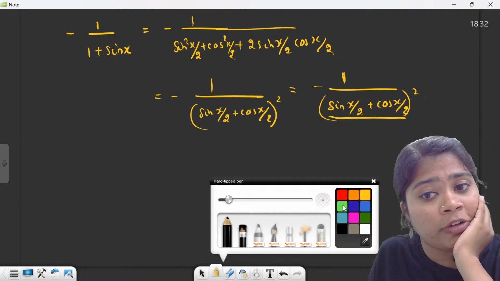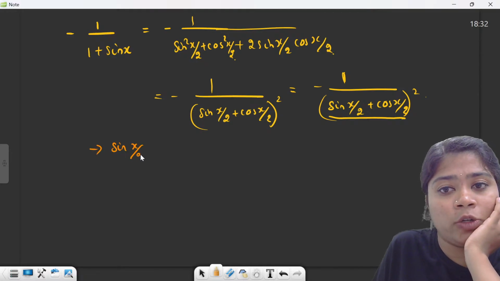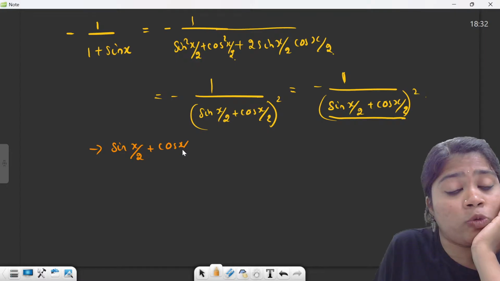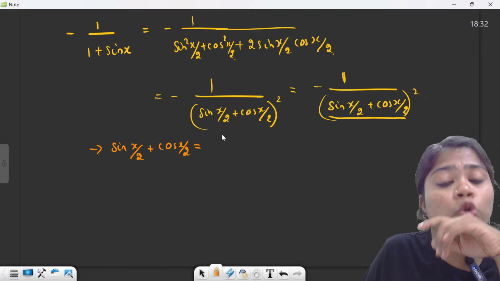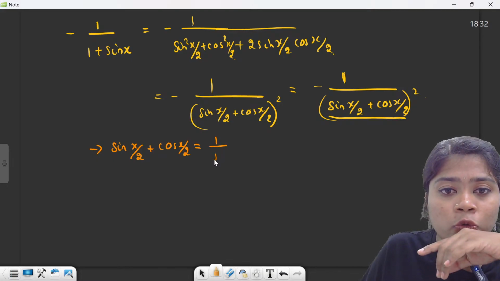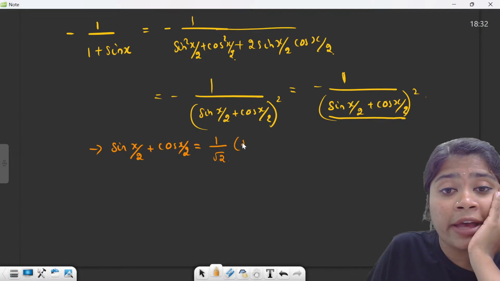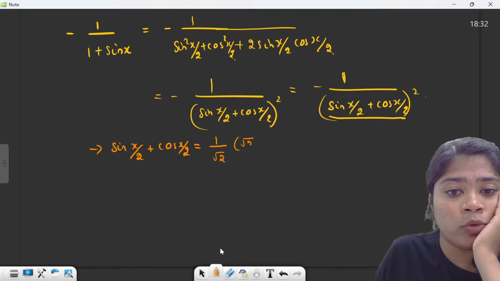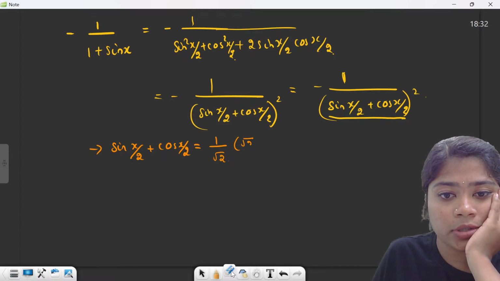So I will solve this alone first. Sin x by 2 plus cos x by 2. So here I am going to multiply and divide by root 2. So if I have 1 by root 2, give me a sec.